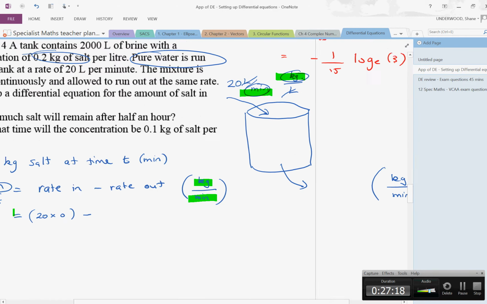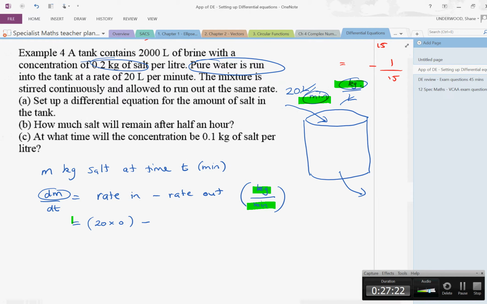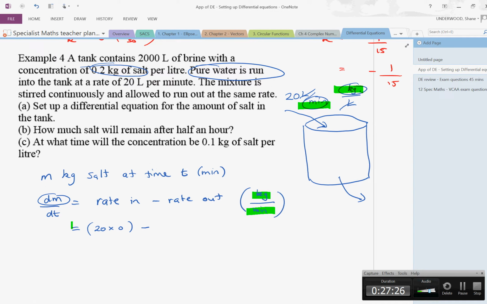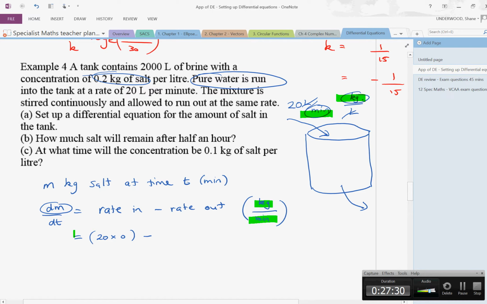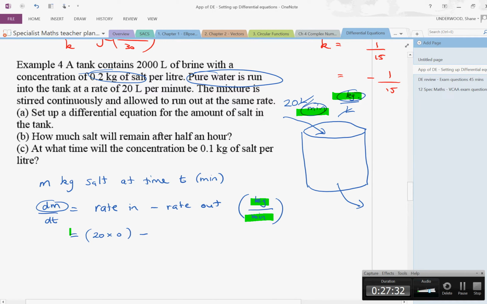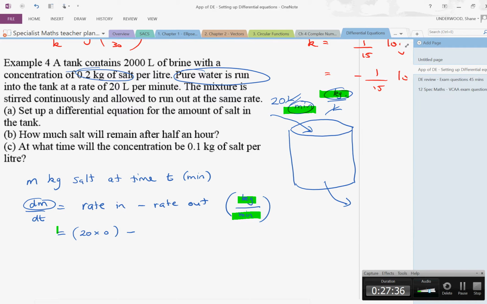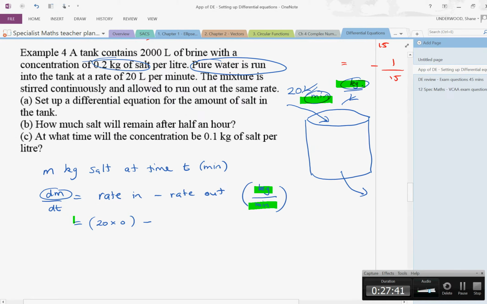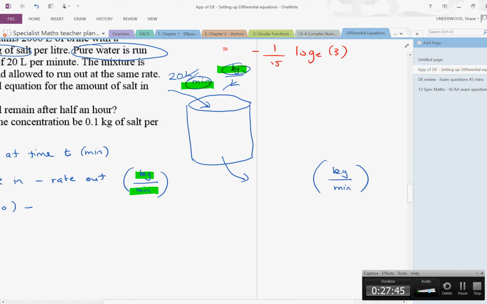Now, let's be careful though. Pure water is run into the tank at 20. The mixture is stirred continuously, and so on. But a tank contains 2,000 litres of brine with a concentration of 0.2 kilograms of salt per litre. Set up a differential equation for the amount of salt in the tank.